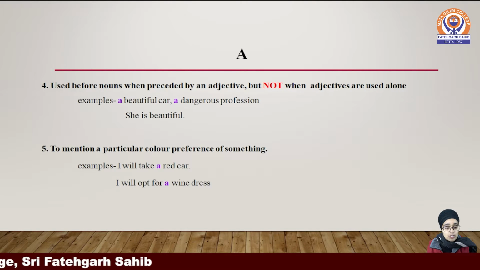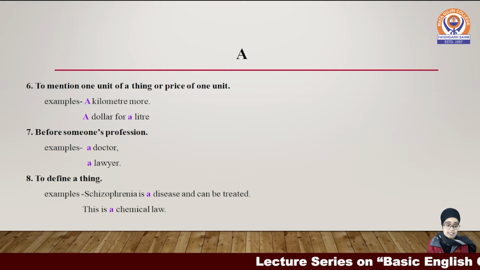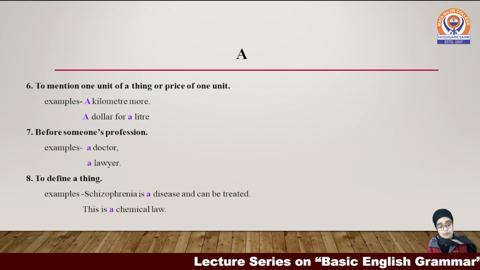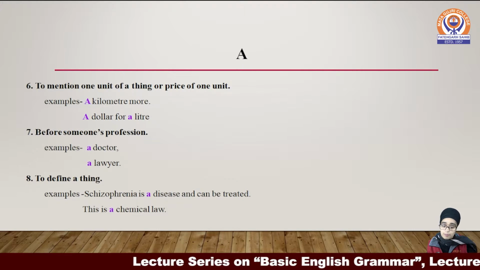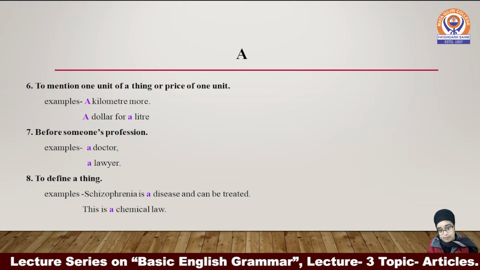Fifth, to mention a particular color preference of something. Example: I will take a red car, I will opt for a wine dress. So when you are making a preference, again a kind of adjective only, so then I will use the article a. Sixth, to mention one unit of something or the price of one unit. Here it is important to revise singular and plural nouns.